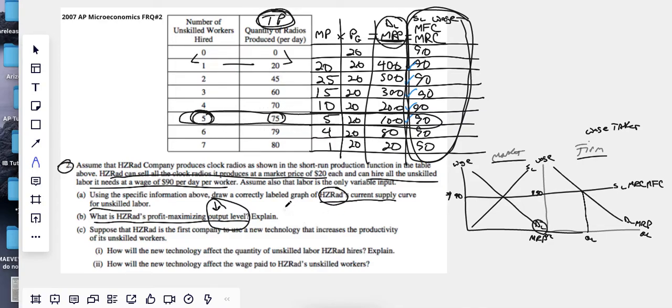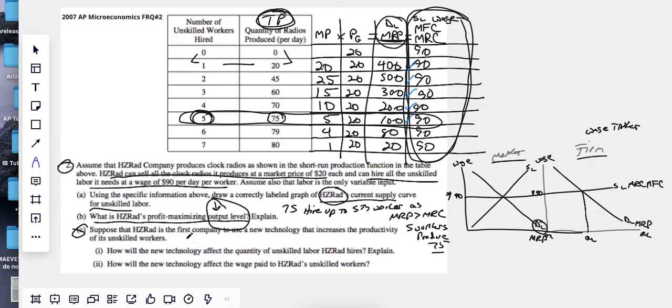So we would simply say 75, and we would explain that we would hire up to the 5th worker. And I'd like to explain it just the same way. As marginal revenue product is greater than marginal revenue cost, 5 workers produce 75 radios. I think that'll get you the points.